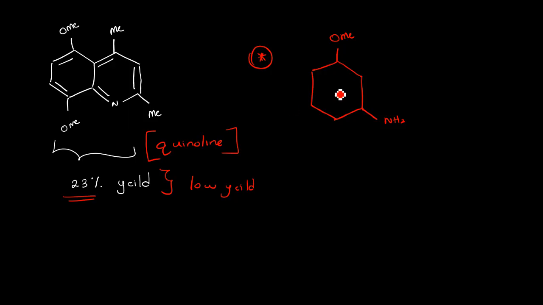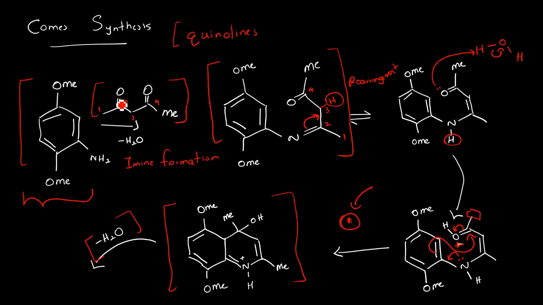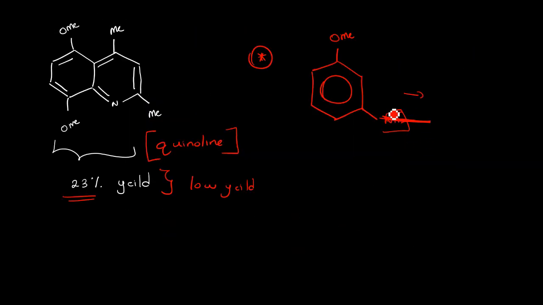Okay, now when we have a compound like this, this is an aromatic compound. When we have a compound like this, at first step, the imine formation happens. So there's this compound, this one, right? This one is attached to our nitrogen atom.